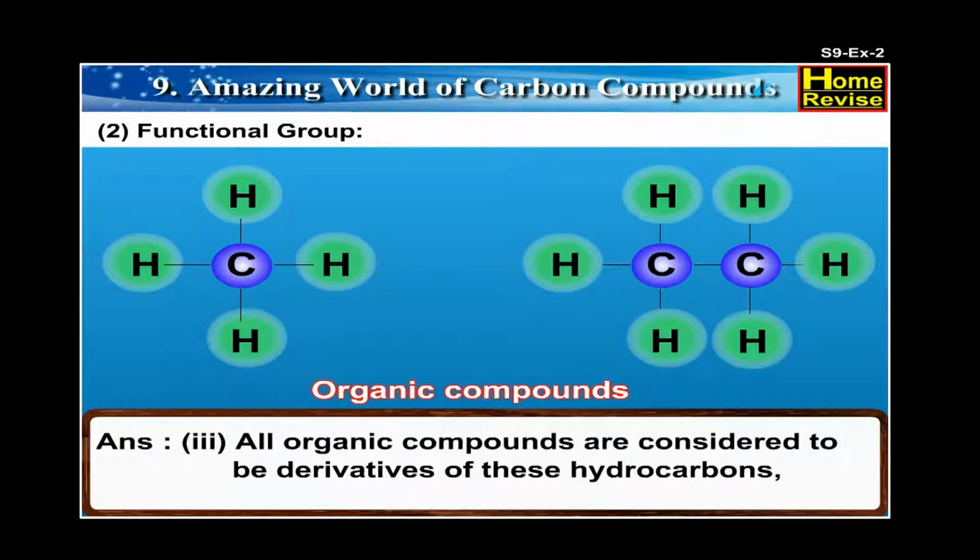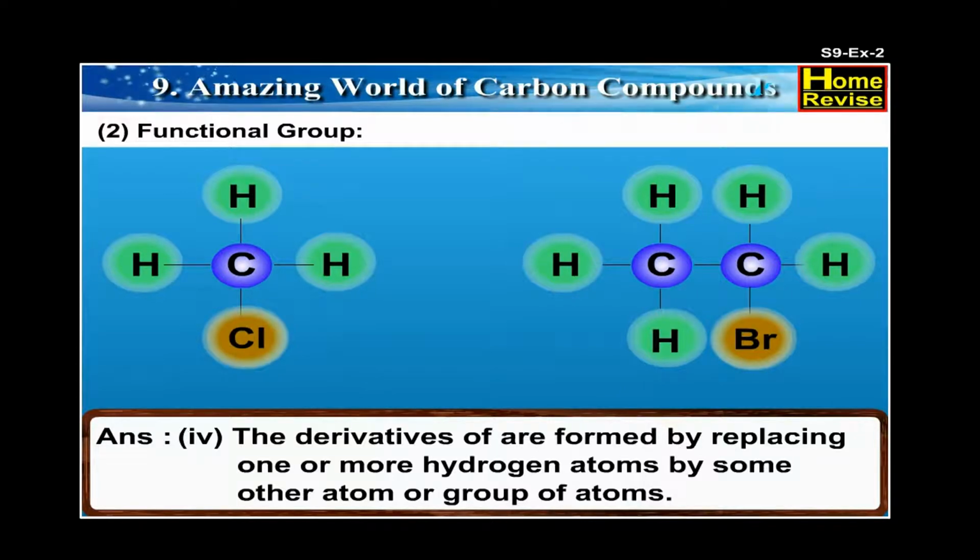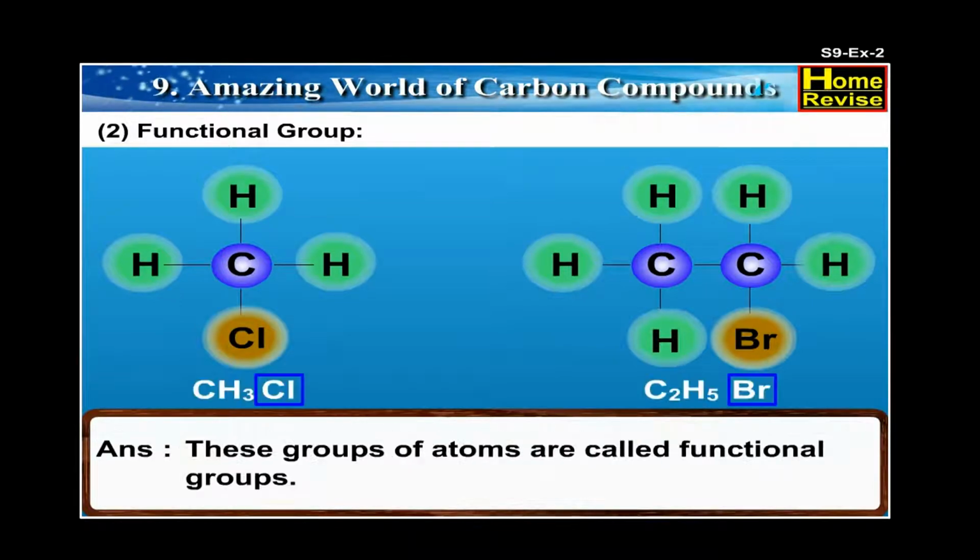Third, all organic compounds are considered to be derivatives of these hydrocarbons. Fourth, the derivatives are formed by replacing one or more hydrogen atoms by some other atom or group of atoms. These groups of atoms are called functional groups.